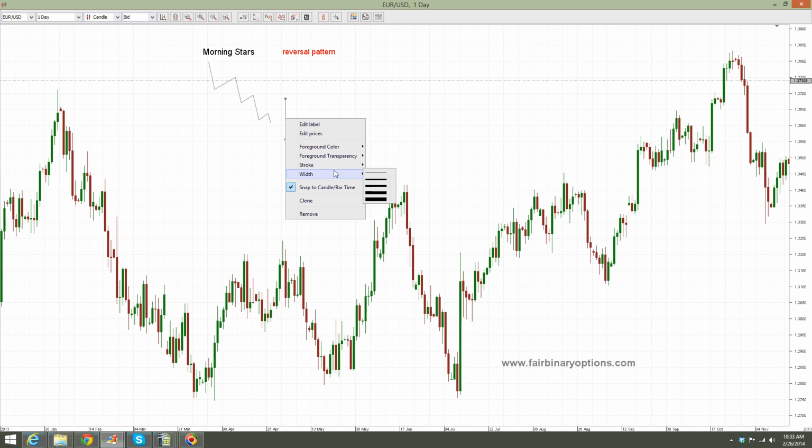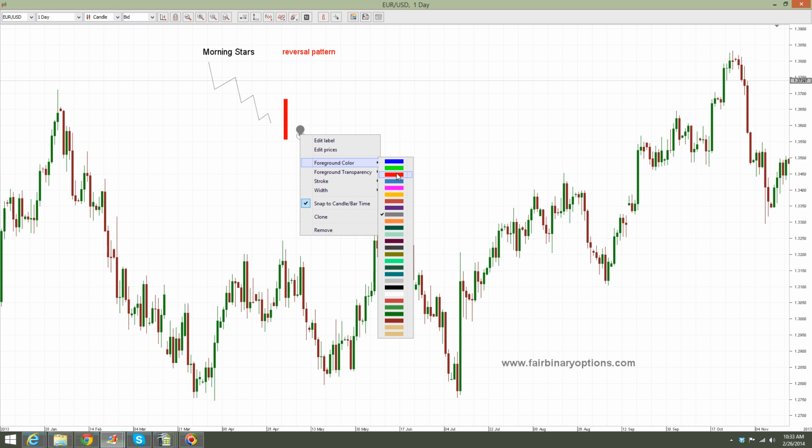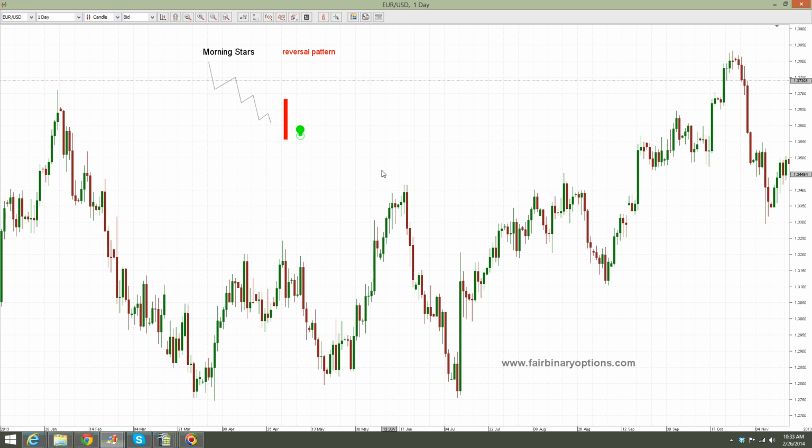The first candle is a red one. So this is the first candle. Then you need a small candle which can have either a red body or a white body. It doesn't really matter. So the candle would be something like this. Let's make it green, because it doesn't really matter.